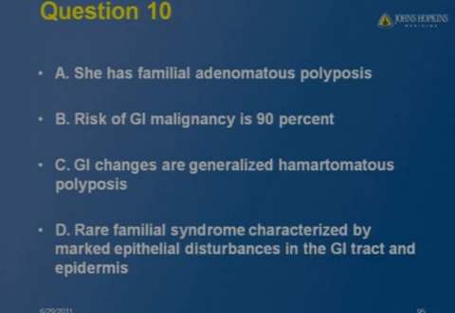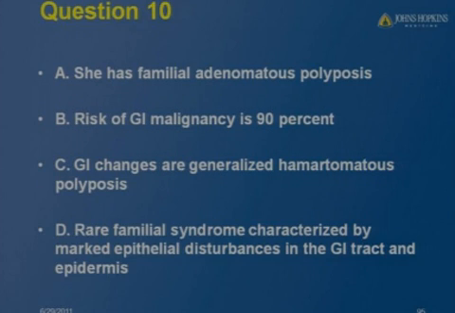So, A, she has familial adenomatous polyposis. B, risk of GI malignancy is 90%. C, GI changes are generalized hamartomatous polyposis. D, it is a rare familial syndrome characterized by marked epithelial disturbances in the GI tract and the epidermis.